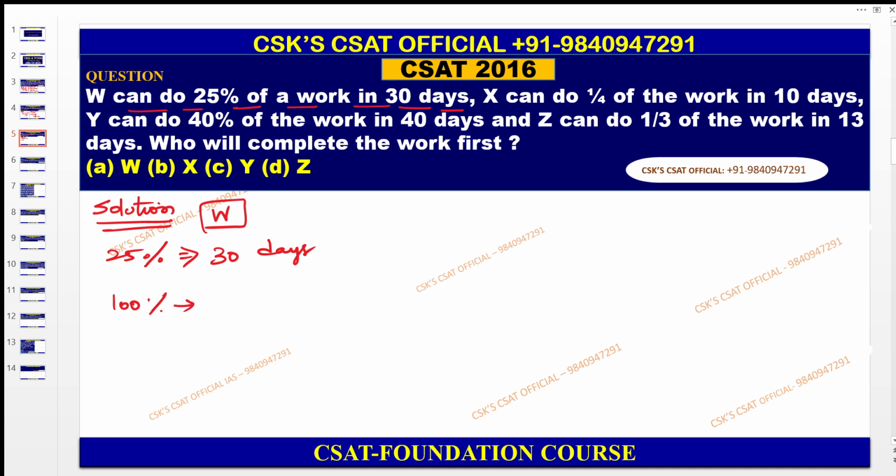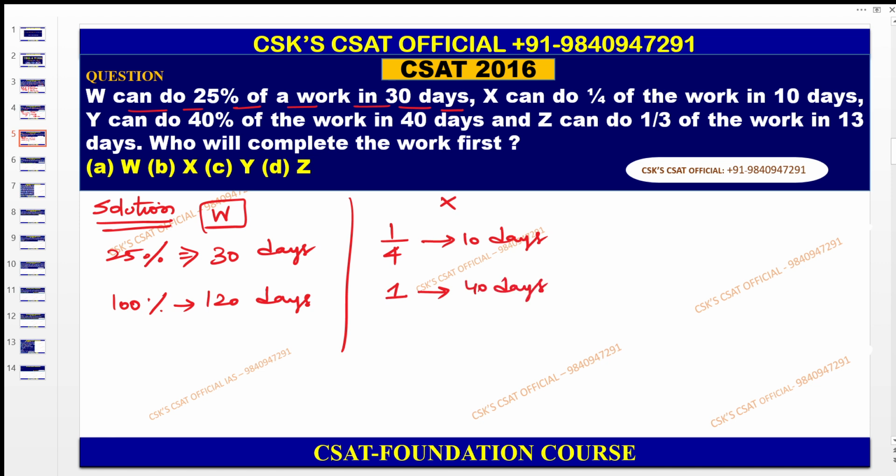So multiply by 4 in order to get 100%. Therefore W takes 120 days. Then X can do 1/4 of the work in 10 days. So full work is nothing but 1, which is equal to 100%. Therefore multiply 4 on both sides, so 10 becomes 40.